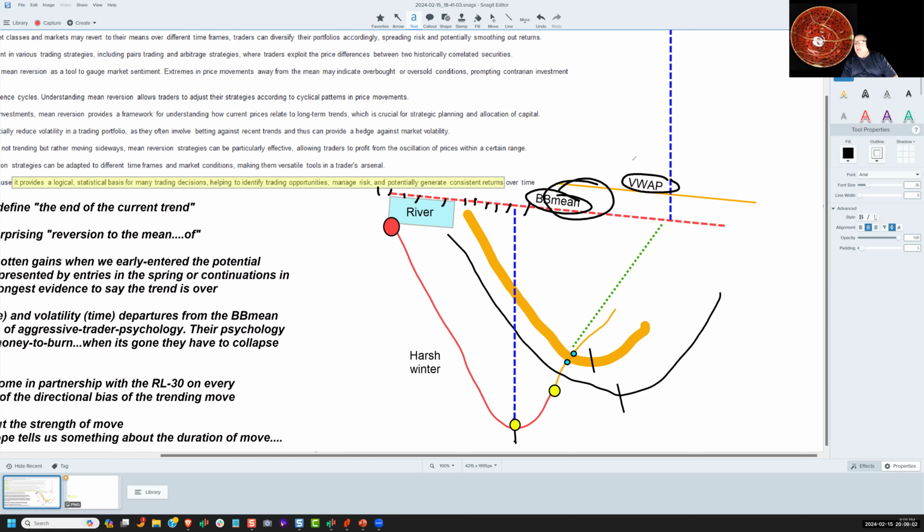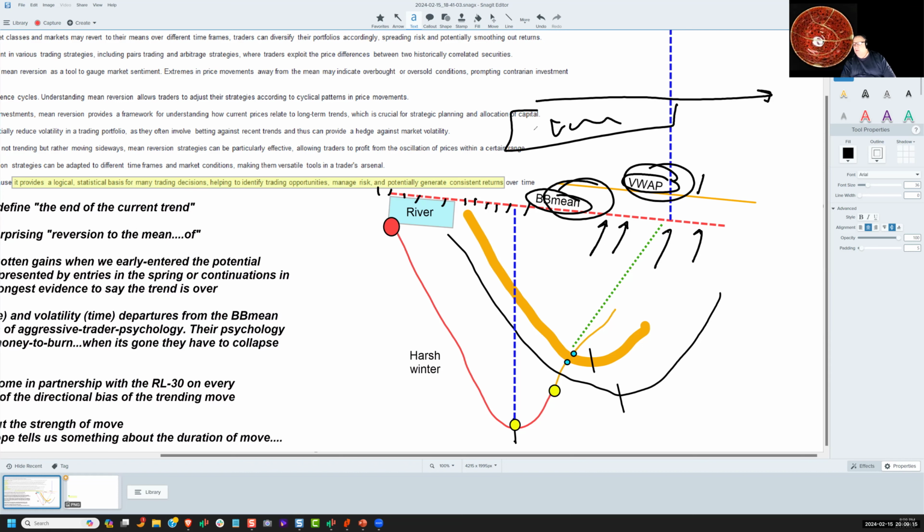But the Bollinger Band mean is more adaptive than the VWAP, because the longer it goes during the day, the more previous baggage the VWAP has to carry. All the previous price action and all the volume is still being carried forward to compute the next VWAP, whereas the Bollinger Band mean is only going back 30 bars, and so it's much more adaptive.